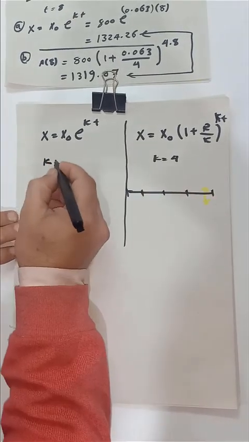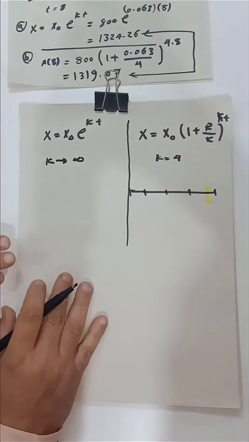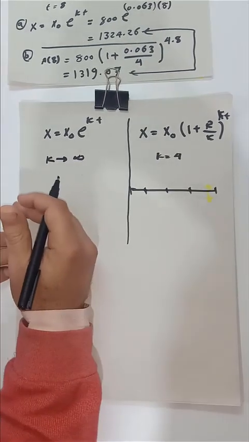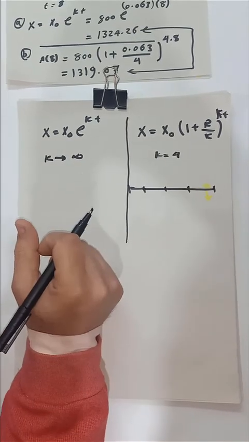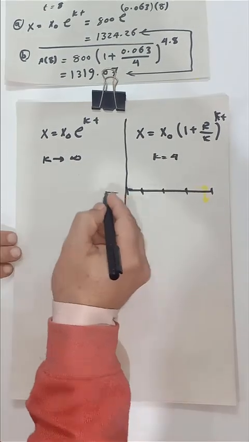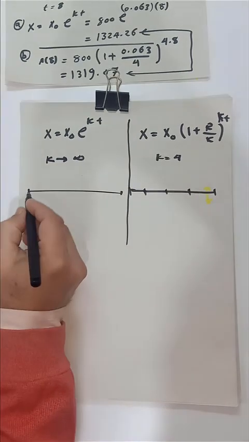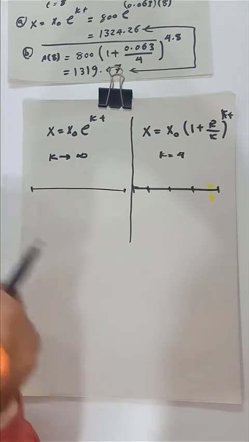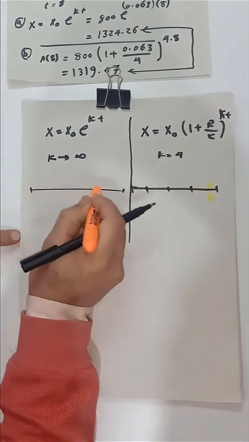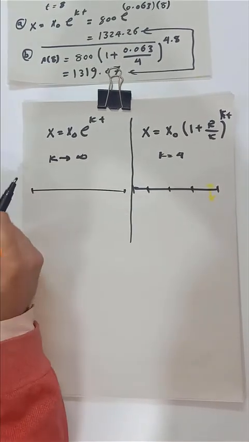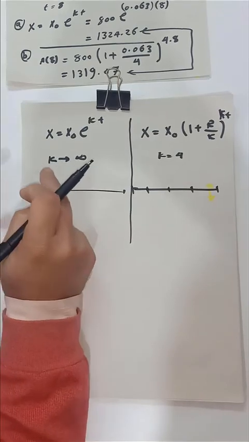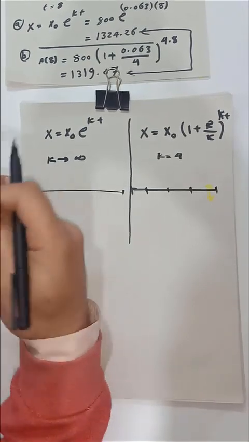If k tends to infinity, this means we have an infinite number of intervals. This means we divide the year into an infinite number of points. At any point, we can find the answer at this point continuously.